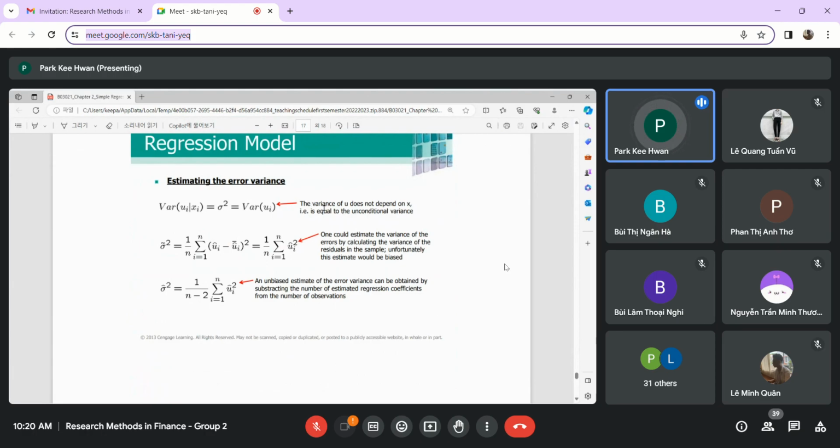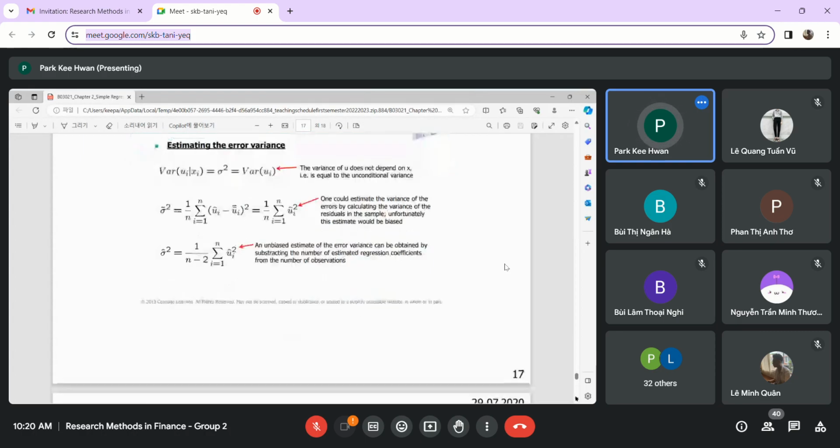The variance of u does not depend on x, so that is equal to what we call the unconditional variance. Now the question is, we don't know this sigma square.